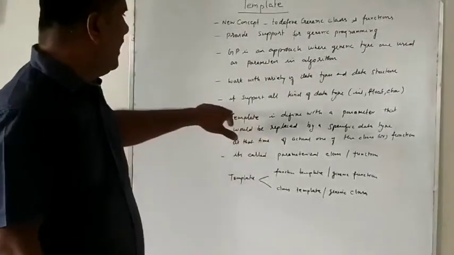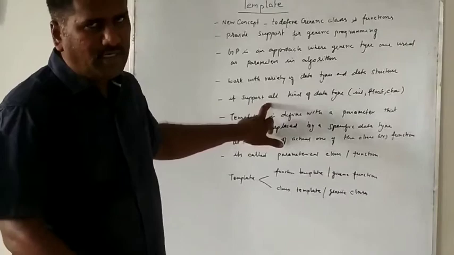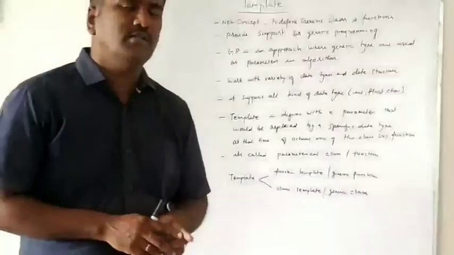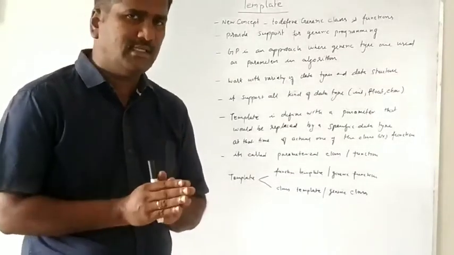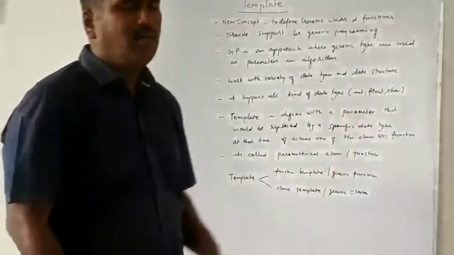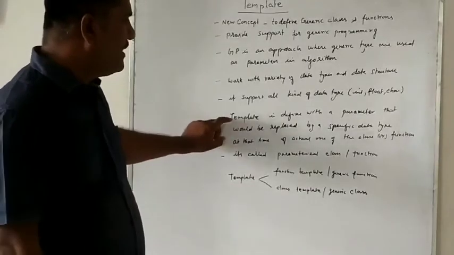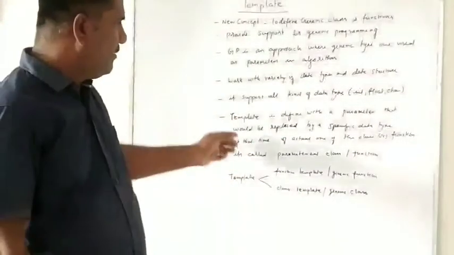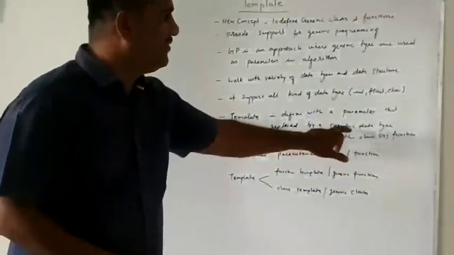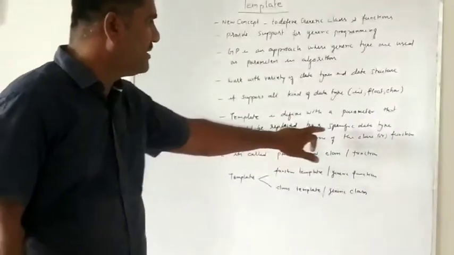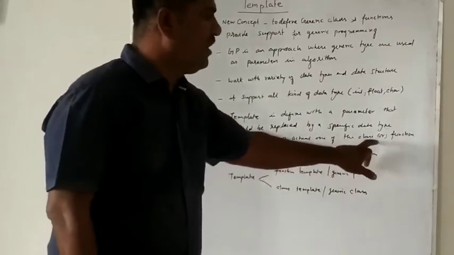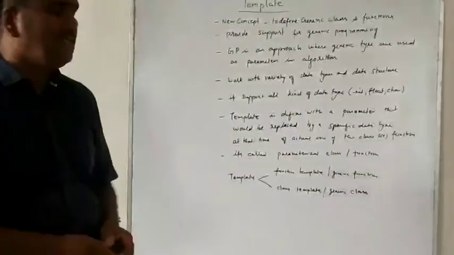It supports all kinds of data types. So here we create only one function or only one class, and that class can be used with all kinds of data types like integer, float, double and character. A template is defined with a parameter that would be replaced by a specific data type at the time of actual use of the class or function.